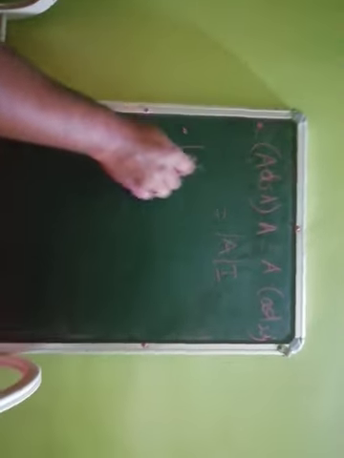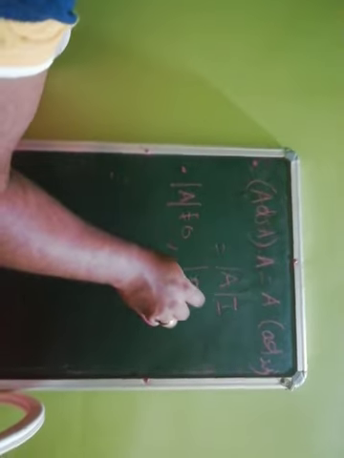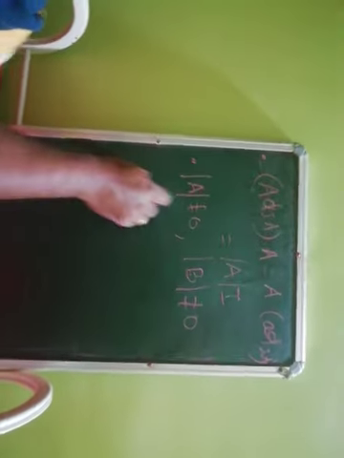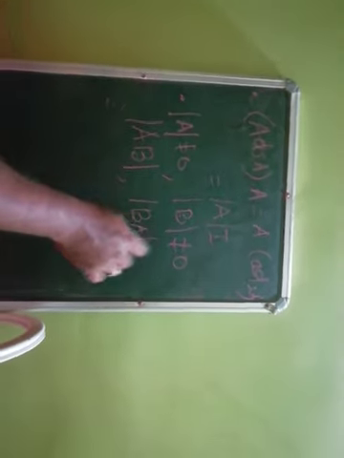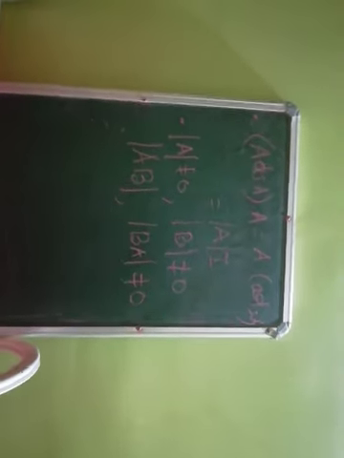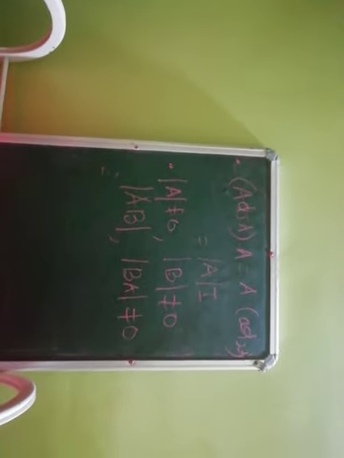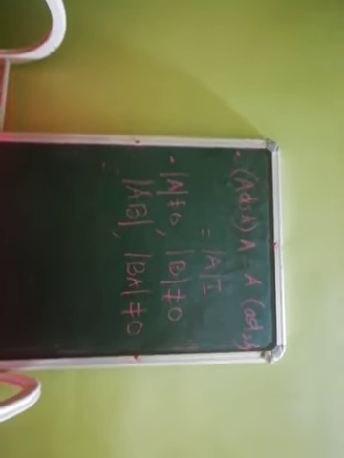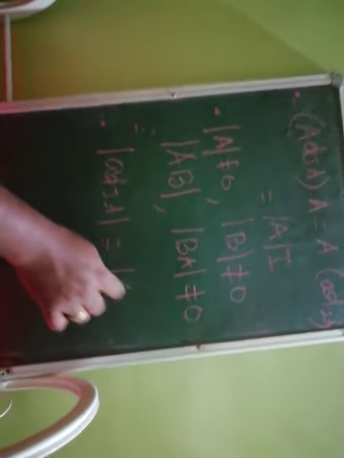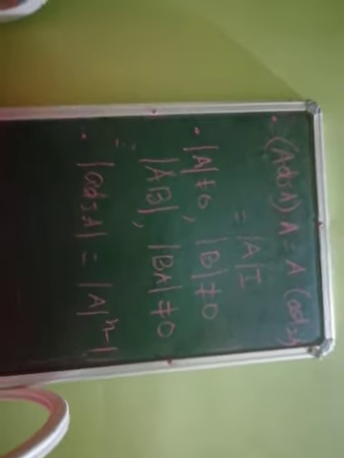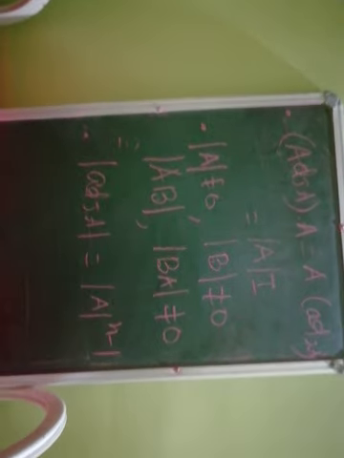Means if determinant of A is not 0 and determinant of B is not 0, then determinant of AB and determinant of BA are also not 0. Then one more property was determinant of adjoint of A is determinant of A to the power n minus 1. This also we had completed.